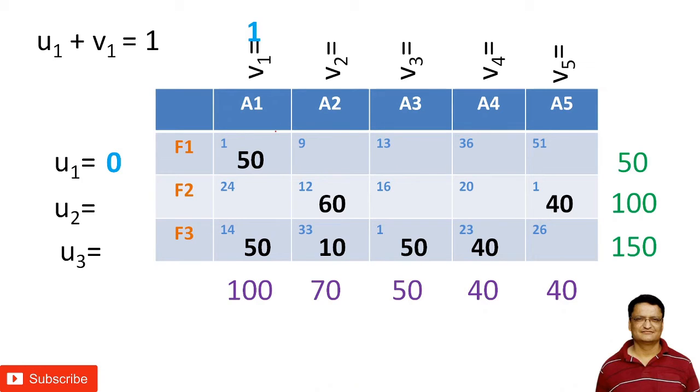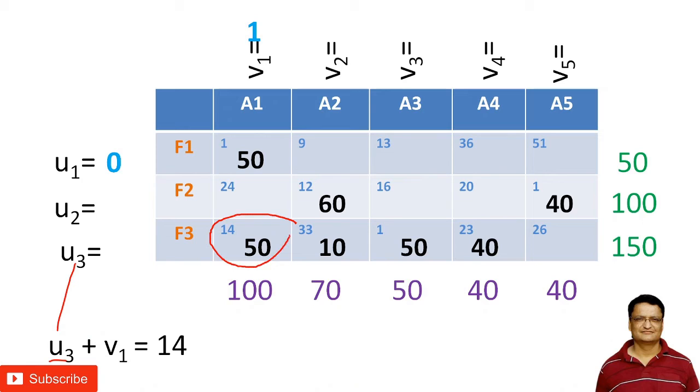Now we have to select a cell where we can obtain the values of the remaining variables. So I will select this cell, because one variable is already known and the other variable I can calculate. So what will be the formula for this? It will be u3. So this is my u3. Now concentrate on this cell. This is an occupied or assigned cell, where we have an allocation.